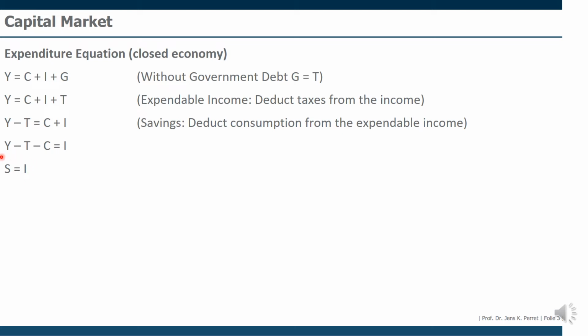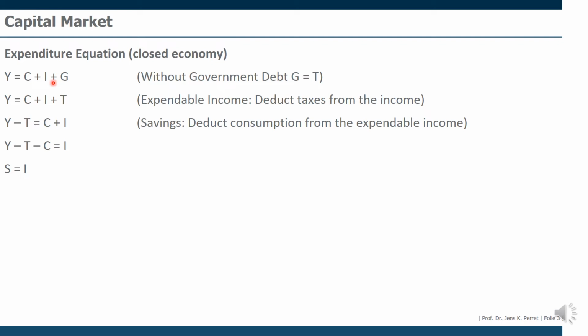And that's exactly the description of the equilibrium in the capital market. So as soon as this condition holds, this means as soon as we have no government debt and the expenditure equation holds, we will have an equilibrium in the capital market.